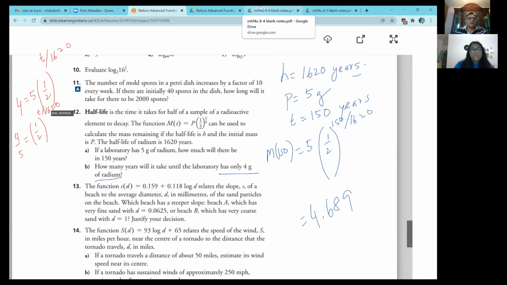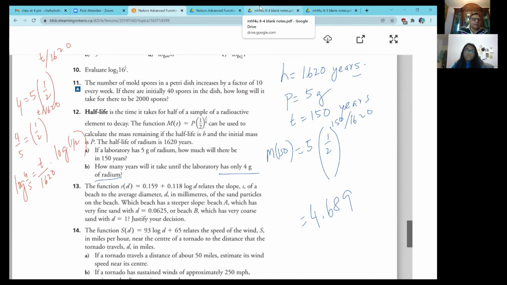Now we can take log on both sides, correct? So we get log of 4 over 5 equals t over 1620 times log of half, by the properties of log. So from here, we can find the value of t.